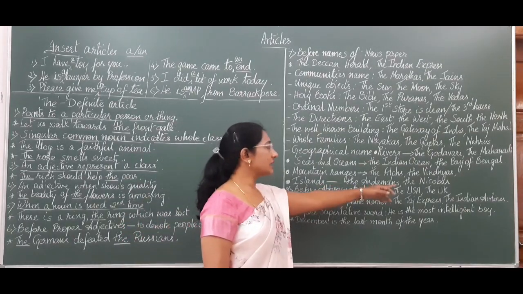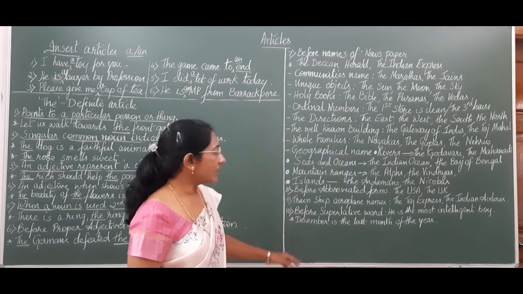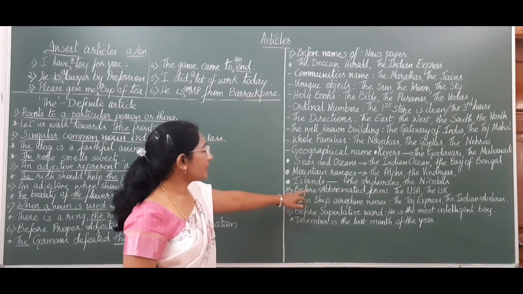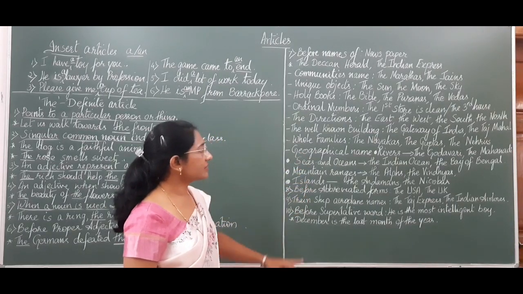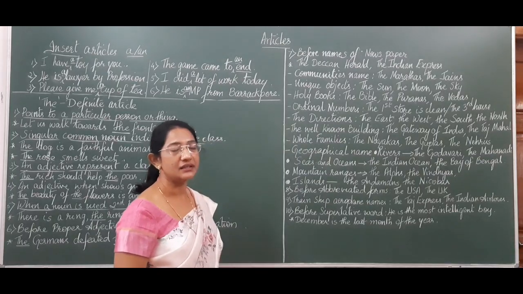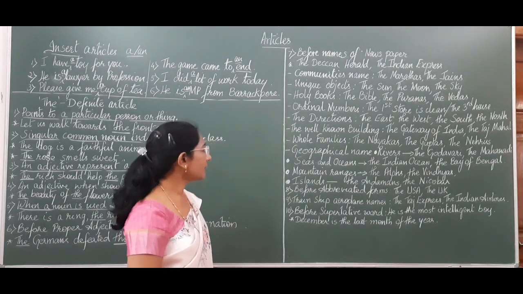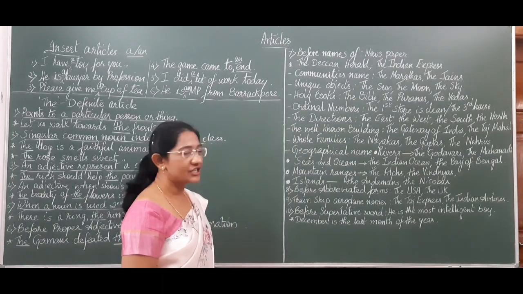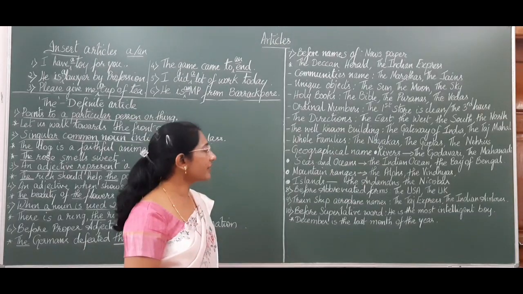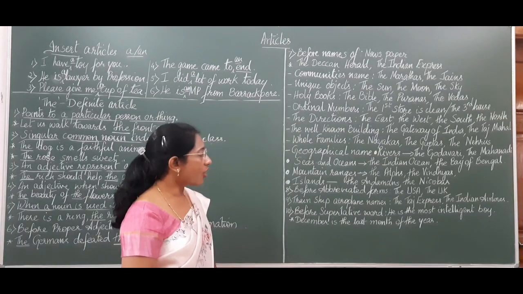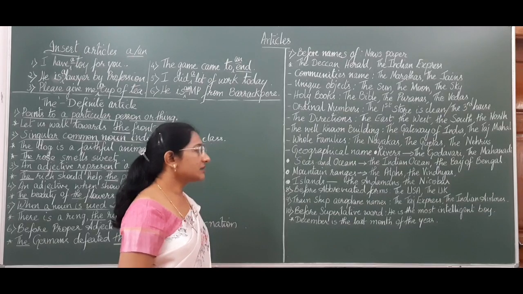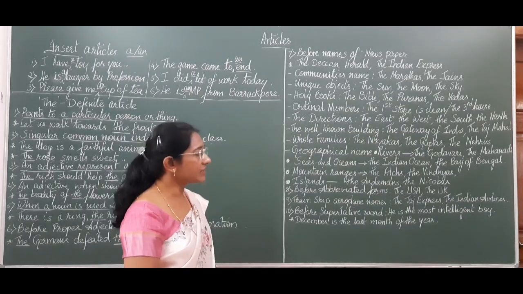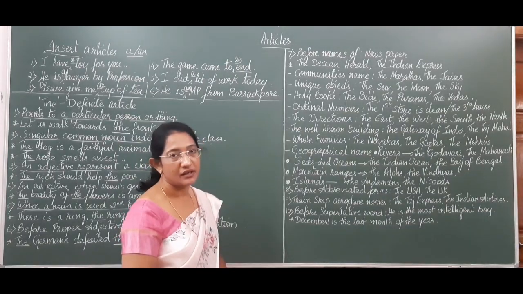The Andamans, the Nicobar Islands. So all geographical names do take the definite article the. Before abbreviated nations or countries, we use the article the. The USA, the UK, the USSR.